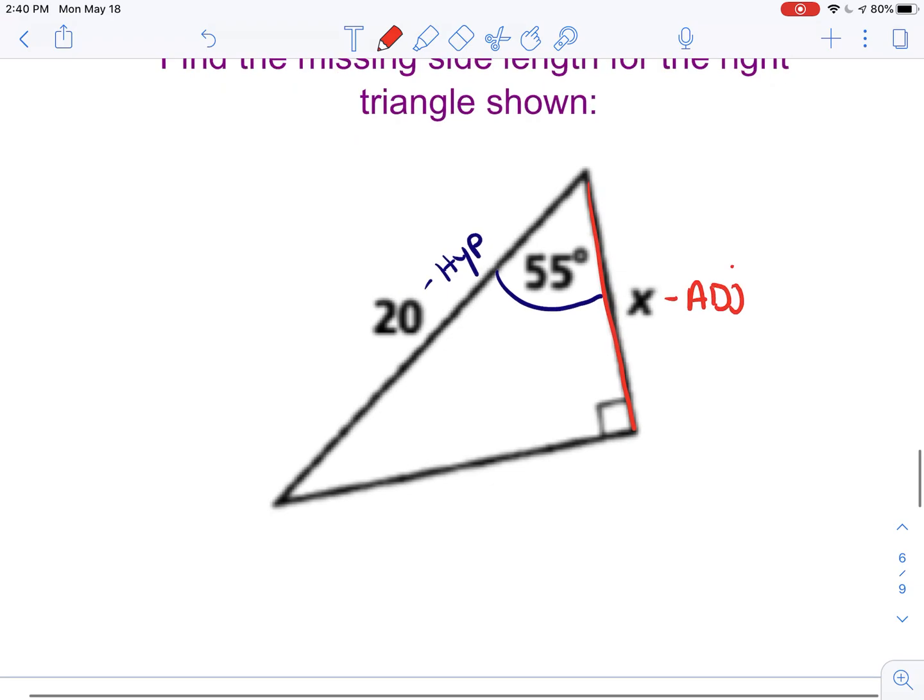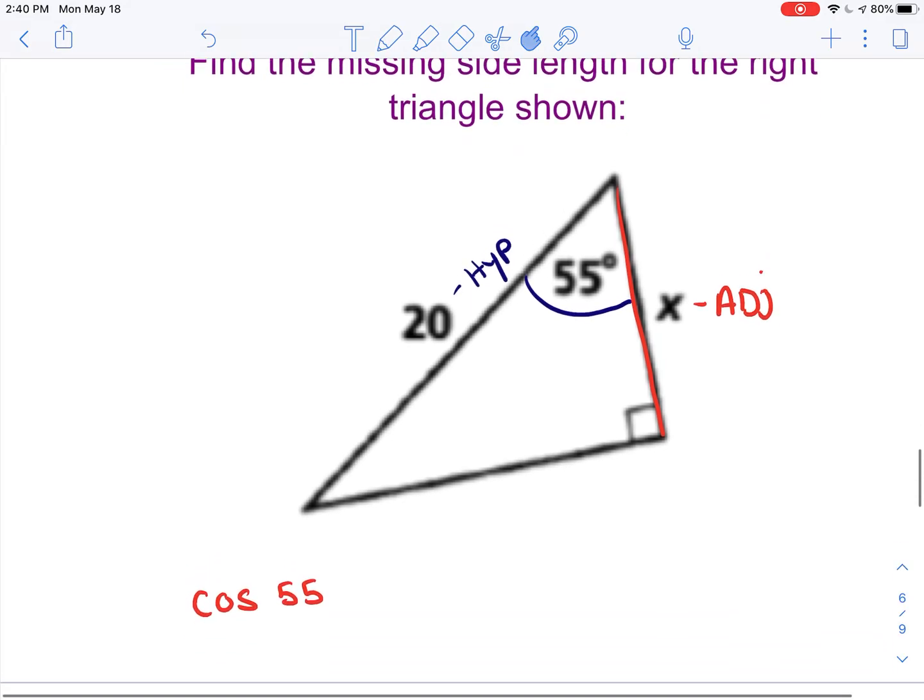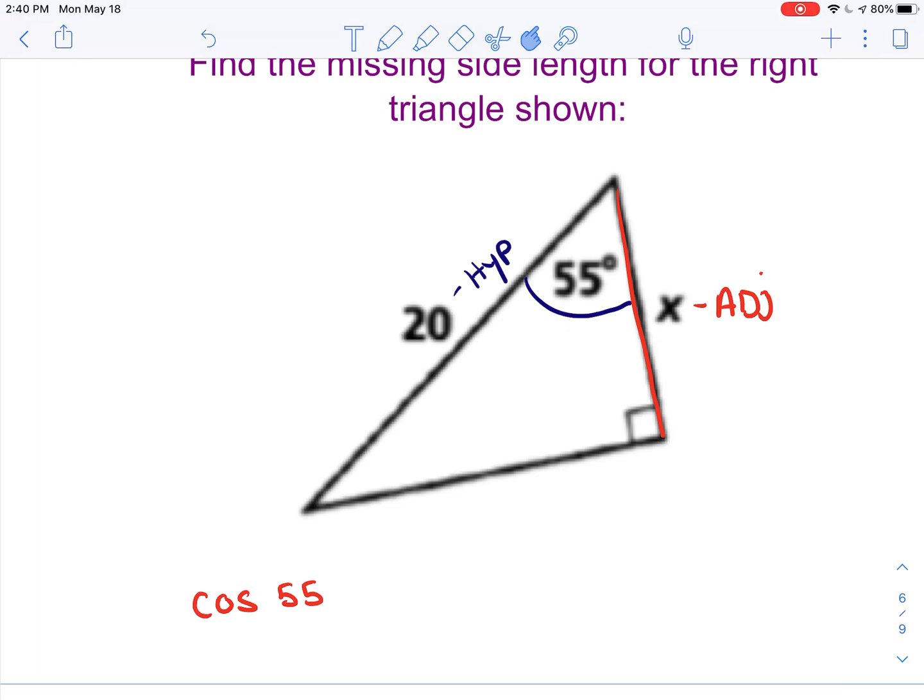So because we're given an angle, we're going to use the trig function that relates adjacent and hypotenuse. Well, the one that has a button on our calculator for this is cosine. So cosine of 55, and I'm actually going to bring this up. Cosine of 55 is equal to the adjacent side over my hypotenuse of 20.